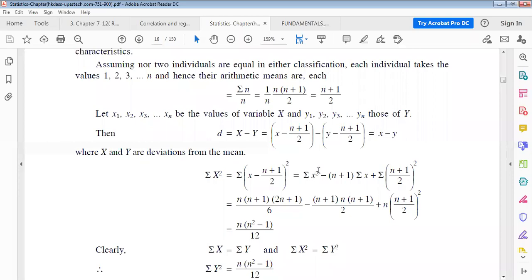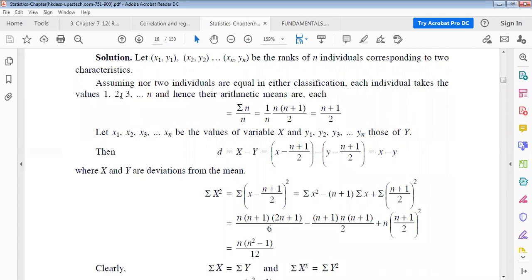So summation x square means the sum of squares of n natural numbers: 1 square plus 2 square plus 3 square plus ... plus n square, which is n into n plus 1 into 2n plus 1 by 6, minus the summation of x, which is 1 plus 2 plus 3 plus ... plus n, the sum of n natural numbers, n into n plus 1 by 2.